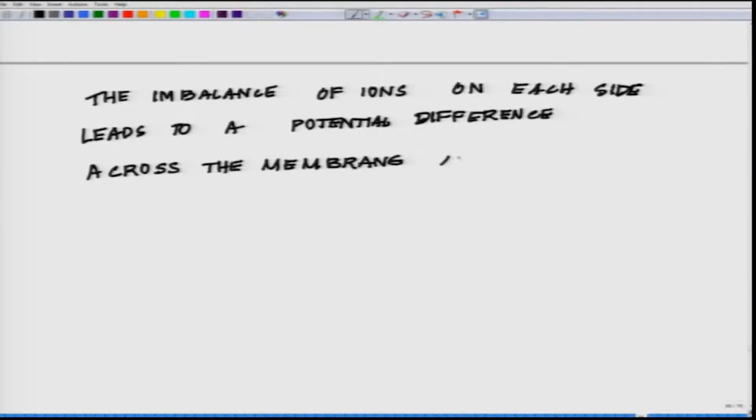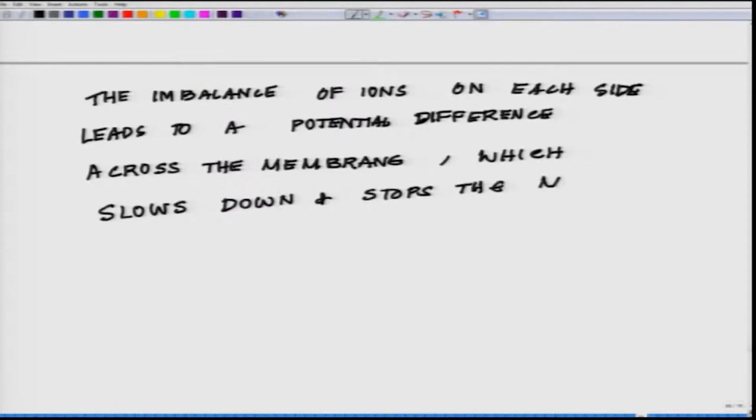Okay, which slows down and stops movement of ions. This is known as membrane potential and sometimes called Nernst potential.